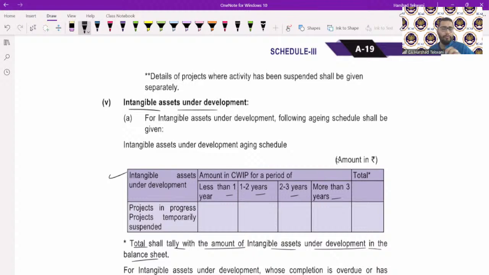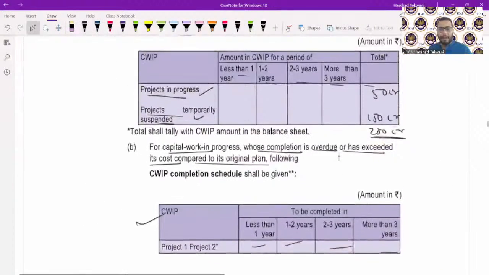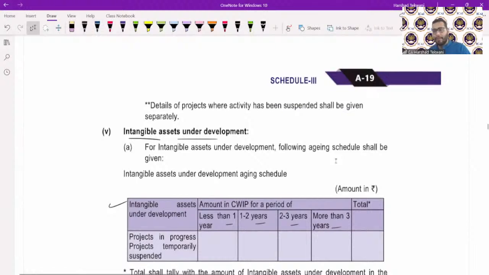As I told you, fixed asset and property, plant and equipment may appear the same, but there is a difference between them. In the same way, capital work in progress and intangible work in progress are similar, but somewhere they are not accurate. So intangible under development and capital work in progress are two different things.